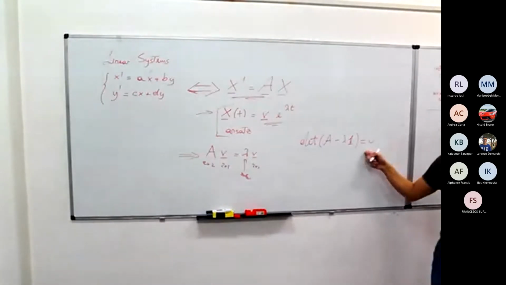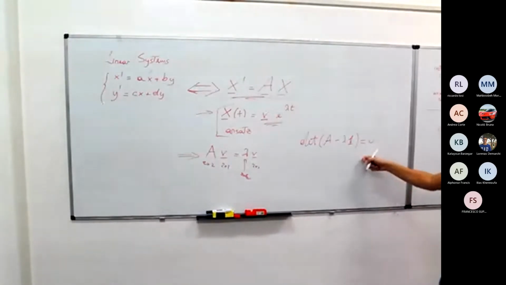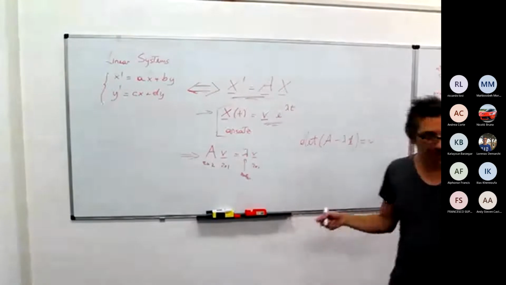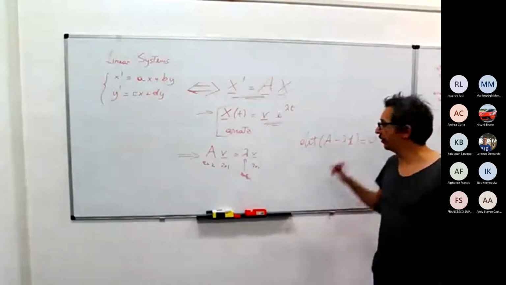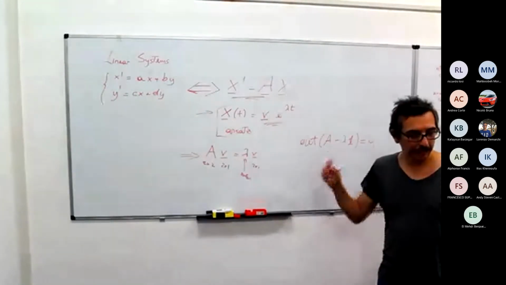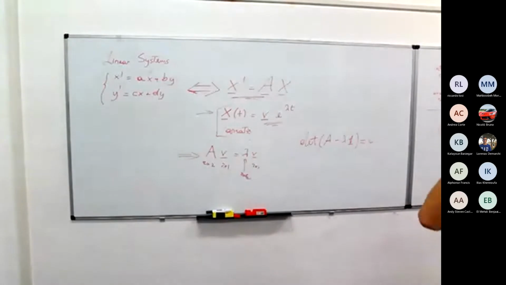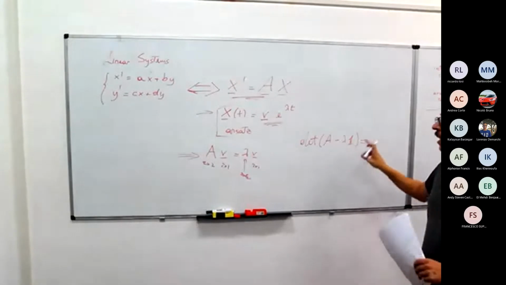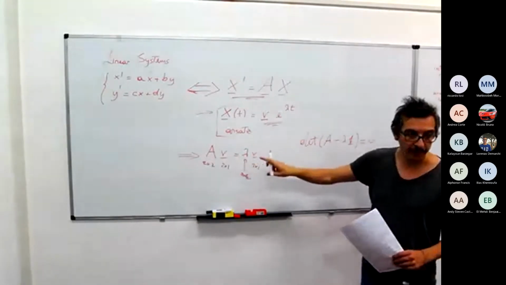If you solve this equation, you will be able to find the eigenvalues lambda, all the eigenvalues of the matrix A. Once you find the eigenvalues, you can find the corresponding eigenvectors.